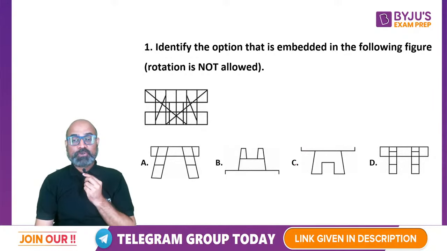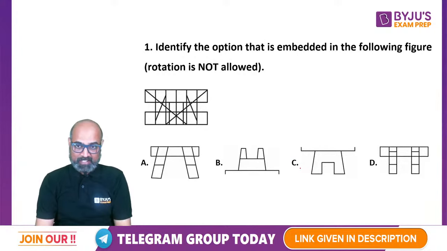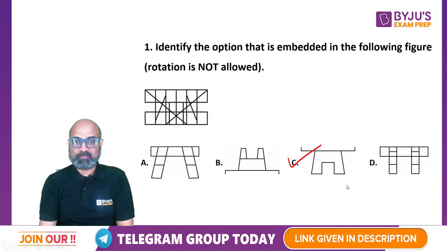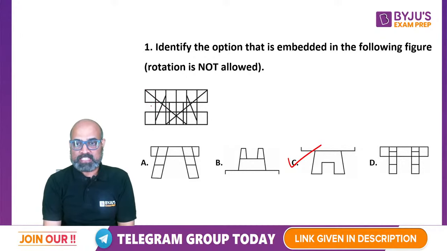Most of you are answering option C, that is Charlie, right? If you try to figure out whether this particular figure is embedded in this or not, you should be able to see it exactly the way it is. So do we see something like this?